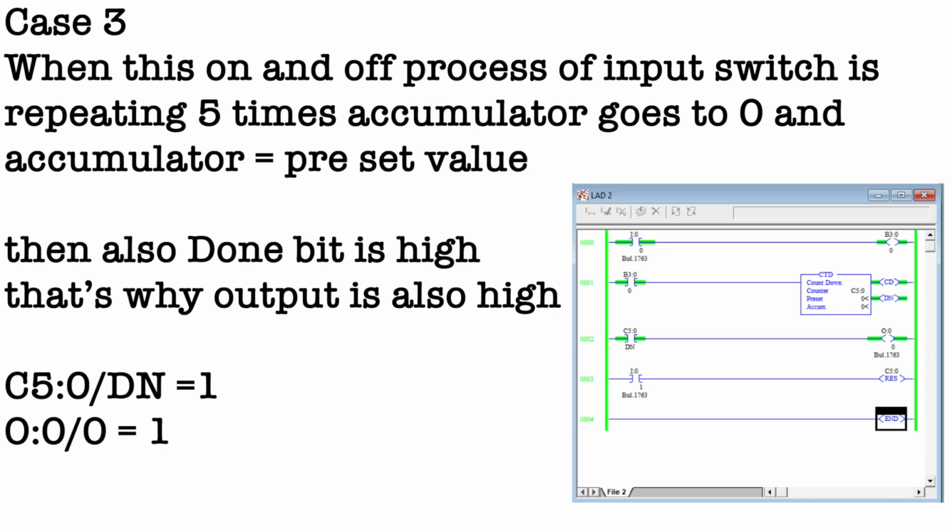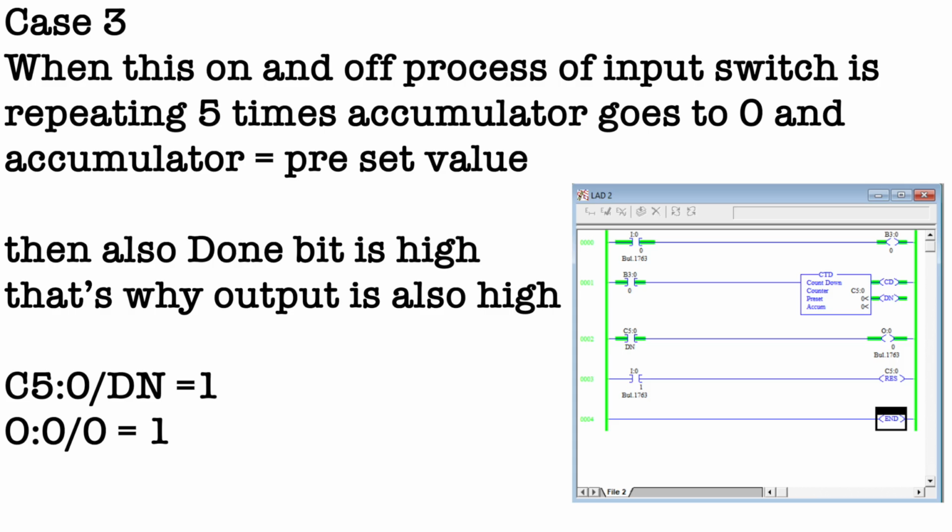This is the most important case, you should note it down. In the up counter, when the accumulator is equal to preset, my done bit is high. But in the down counter, when the accumulator is equal to the preset, or when the accumulator is greater than the preset, the done bit is high, and that's why my output is high, right?